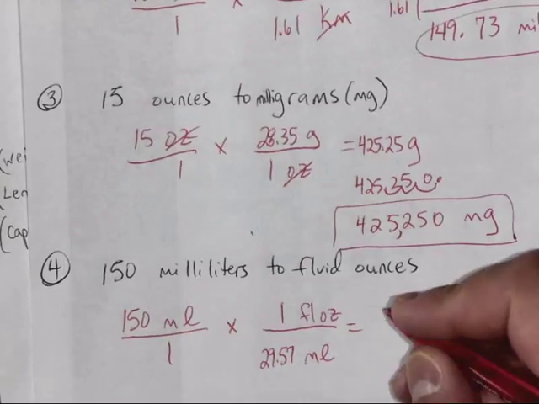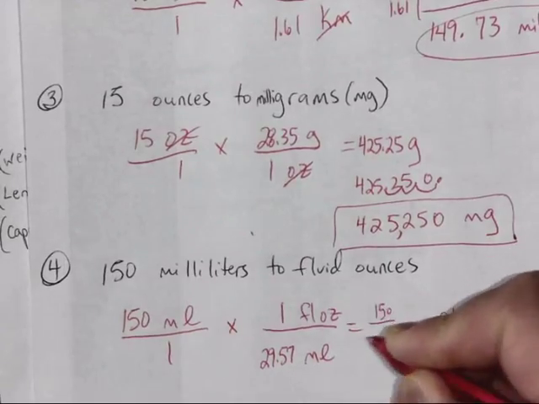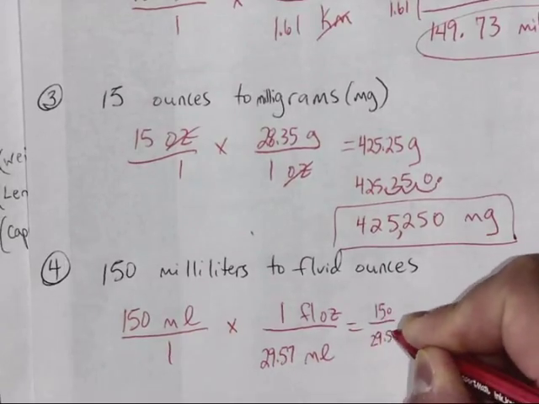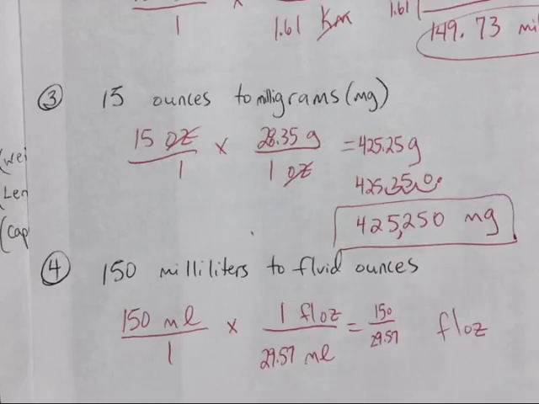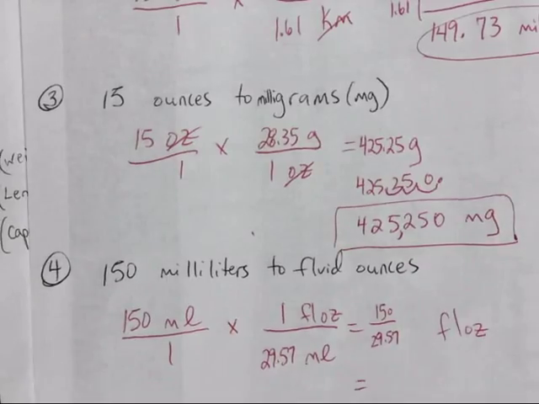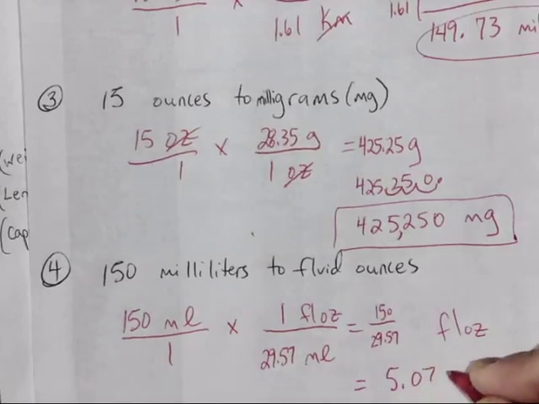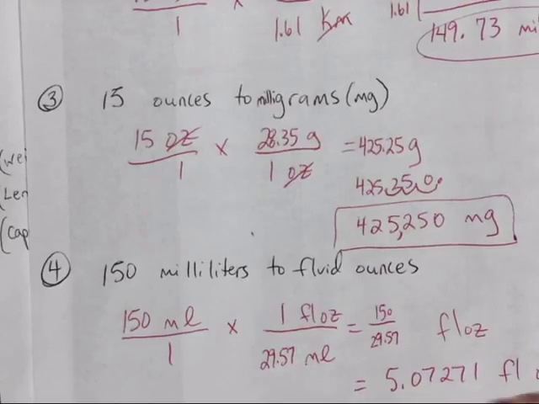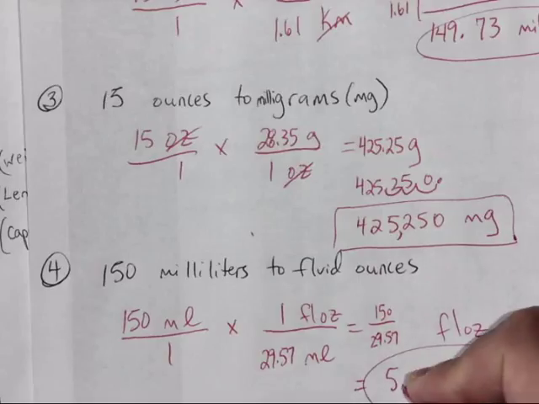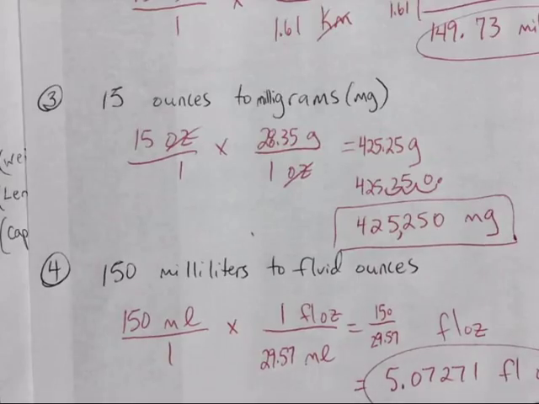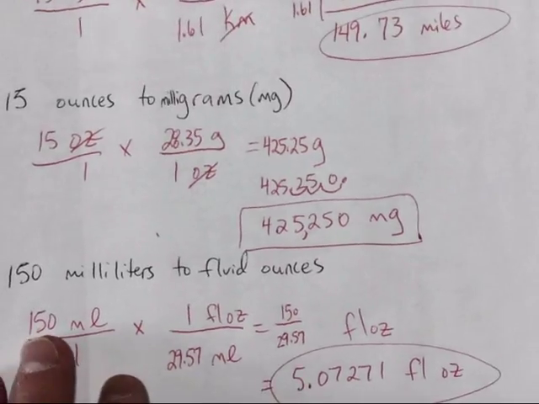Okay, so now I'll multiply across the top, and I'm going to have to end up dividing here. So 150 divided by 29.57 gives me 5.07271 fluid ounces. And of course, you know, read the directions for rounding on MyMathLab.